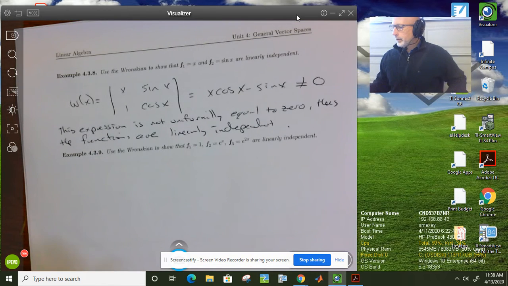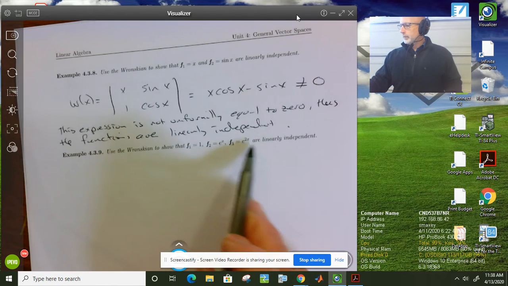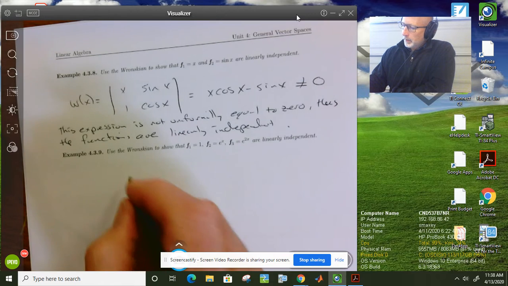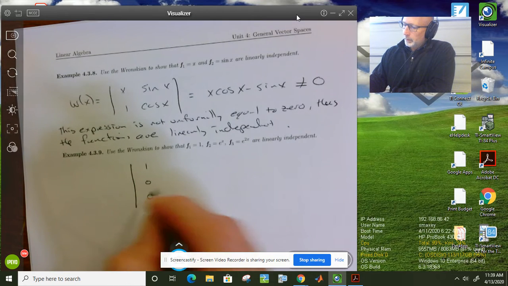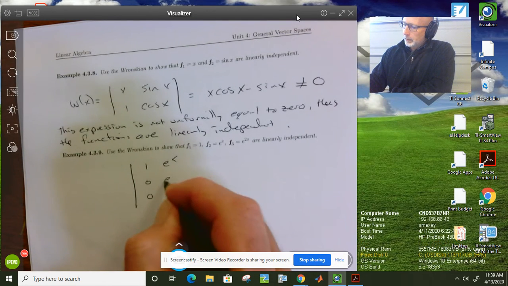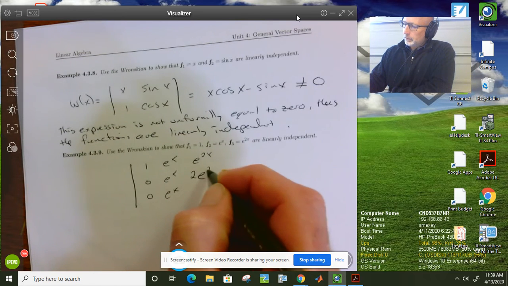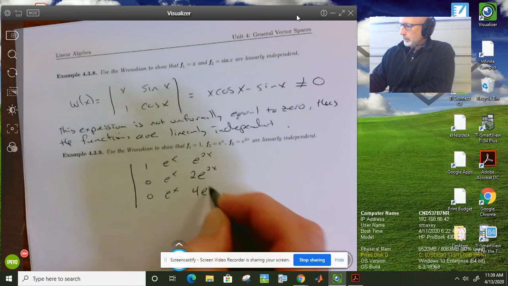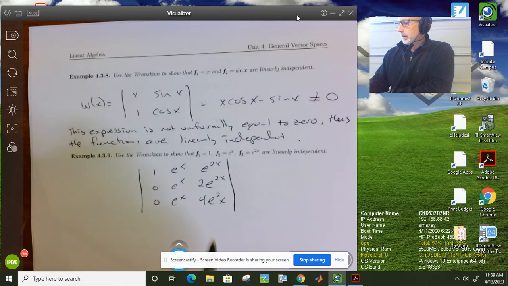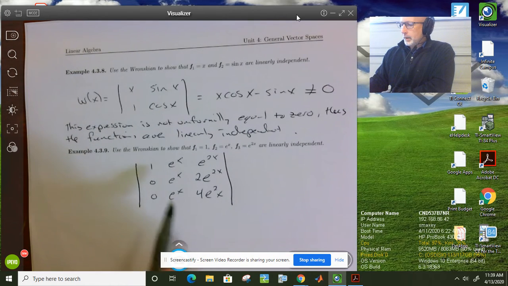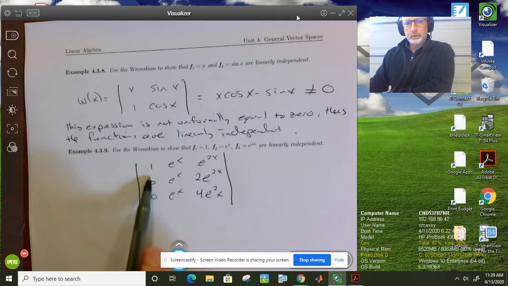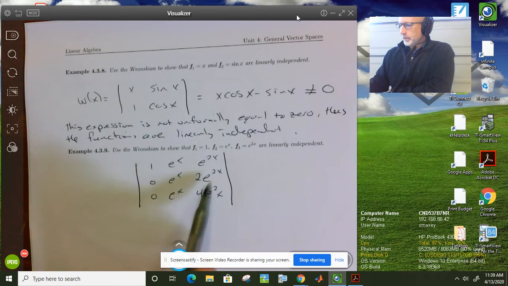Okay, use the Wronskian to show that f1 through f3 are linearly independent again. So 1, 0, 0, e to the x, e to the x, e to the x, e to the 2x, 2e to the 2x, and then 4e to the 2x. And then I'm going to go ahead and take the determinant of this. The easiest one to do is take it along this column. So it's really just 1 times that.